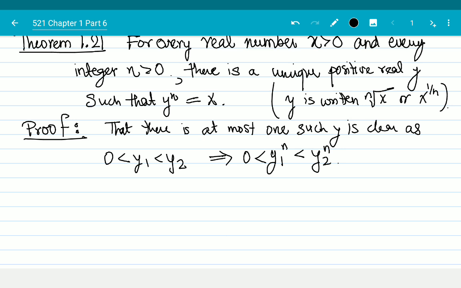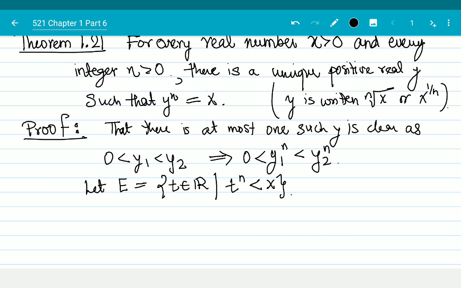Okay, so now here we start using the least upper bound property of R, right? So let E be the set of all positive real numbers t such that t to the n is smaller than x. So t belonging to R such that t to the n is smaller than x.